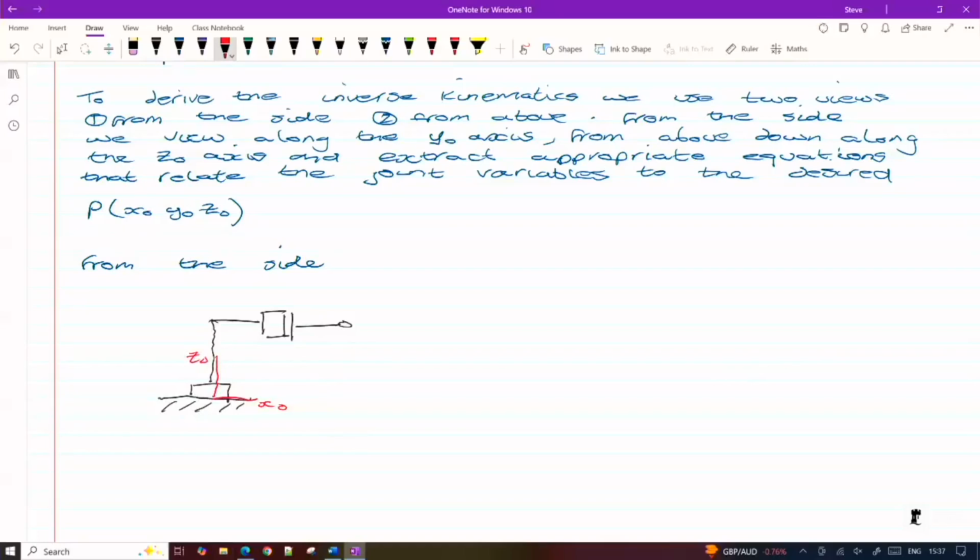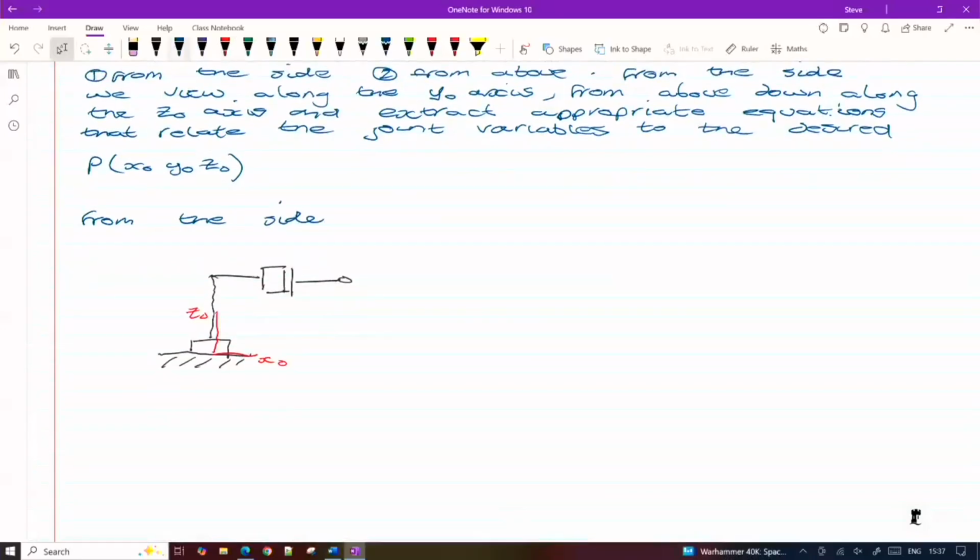Okay, so that's our side-on view. So what can we extract from this? Okay, so we're looking for anything that gives us movement in the x or the y direction.